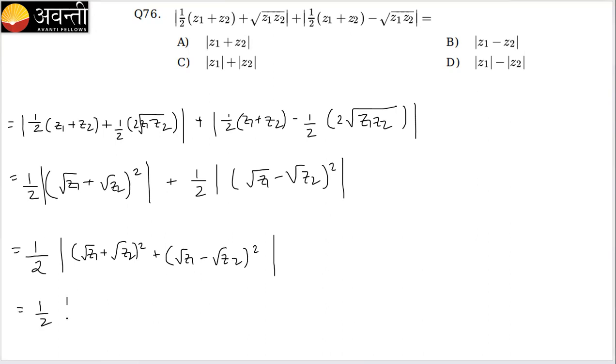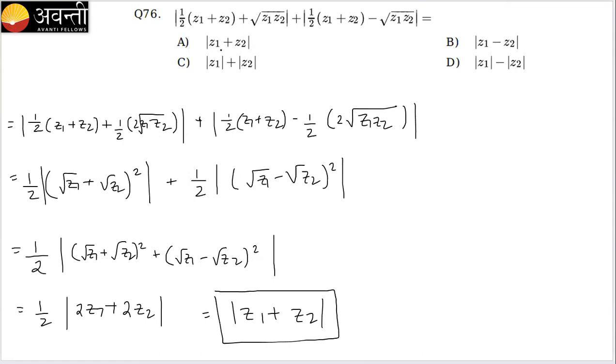What does this mean? If I open the brackets, the cross terms will get cancelled. I will get 2 times z1 plus 2 times z2, which I can take 2 common. The 2 and half will get cancelled. So I'll get z1 plus z2, which is my option A, not option C.